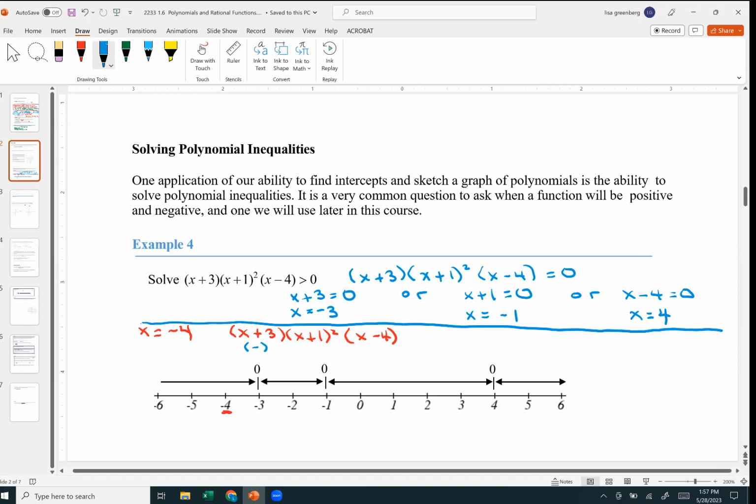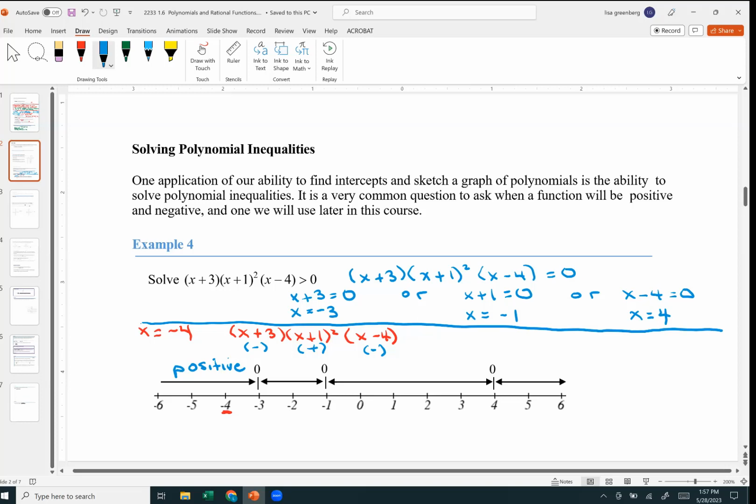No matter what this is, when I square it, it's always going to be positive. And then here we have -4 minus 4, again, a negative number. And when we multiply a negative times a positive, we get a negative, times a negative, we get a positive. So that means this interval has to be positive. And I think this makes it a little easier than worrying about what our values are.